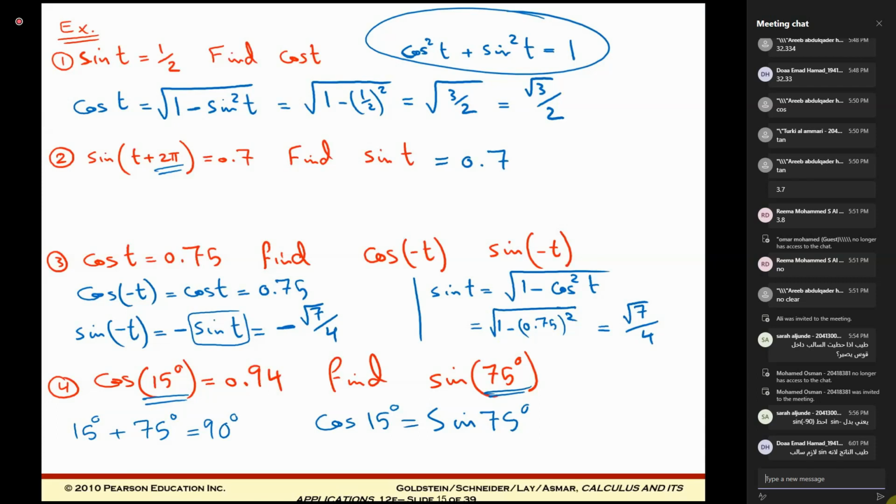So the sine of A and cosine of B, this is A and this is B, the sum of A and B is 90, so the sine and cosine are equal for A and B. So sine 75 equal 0.94. So the sine 75 degree equal 0.94.